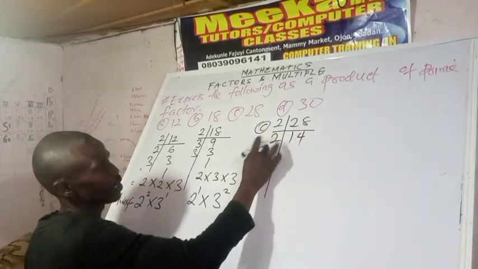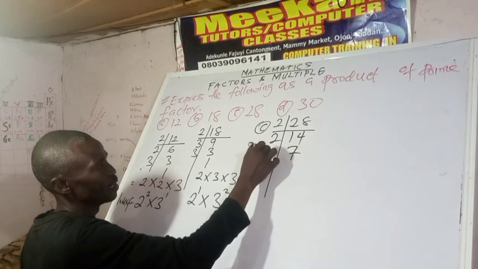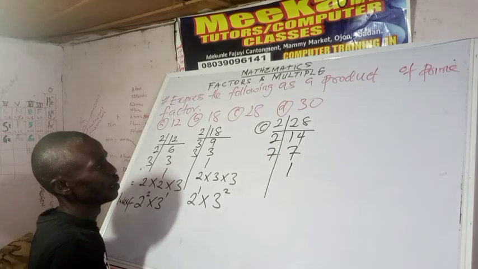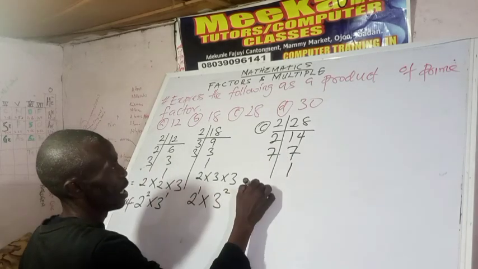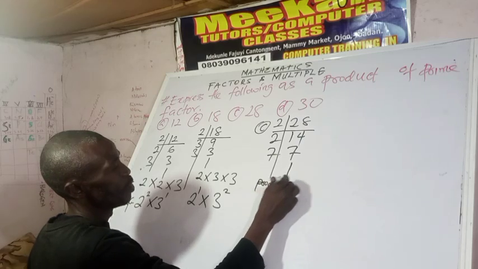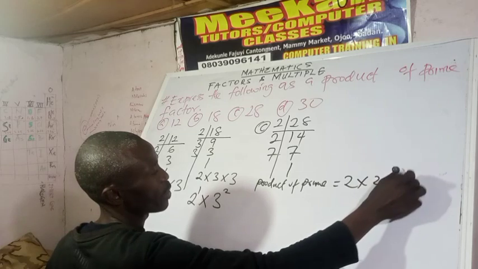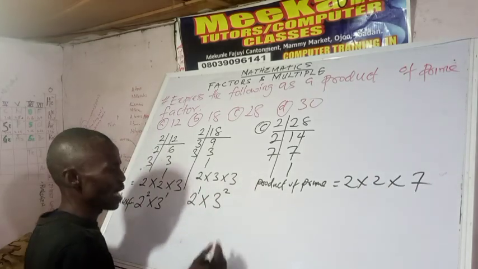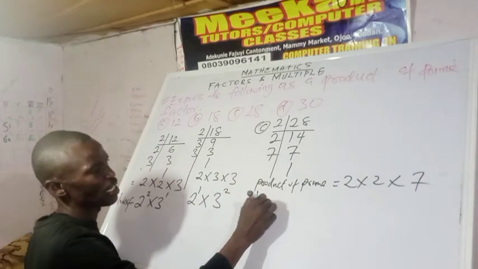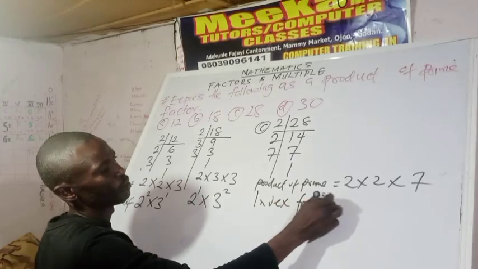I can use 2 again. 2 here, what do you have? 7. 7 here, you have 1. So as a product of primes, I will write 2 times 2 times 7. But in index form, to represent this one in index form, this one becomes 2.